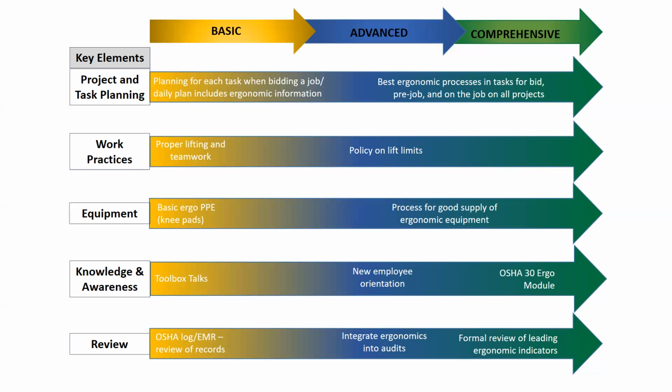As the company's ergonomic program develops and advances, a contractor will monitor planning from what was bid on the job for the ergonomic equipment to what was actually used during the project. The program may expand to include policies such as lifting limits and requirements for how to lift loads of different weights manually or by mechanical means.